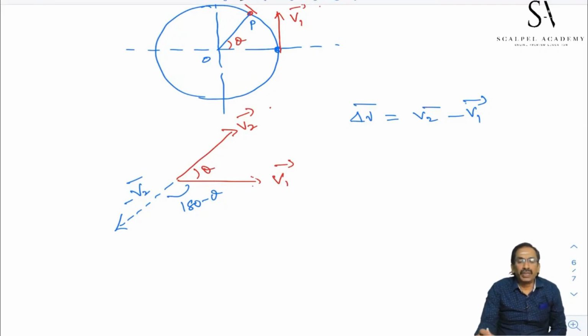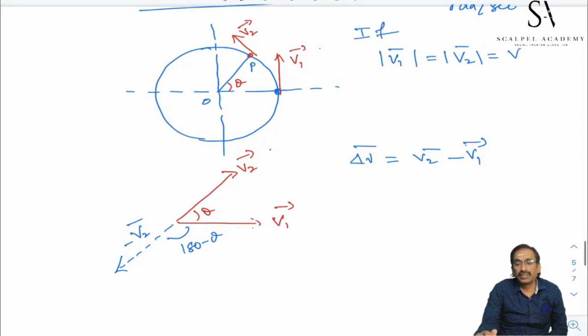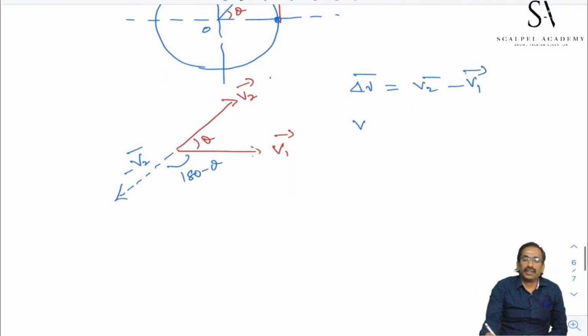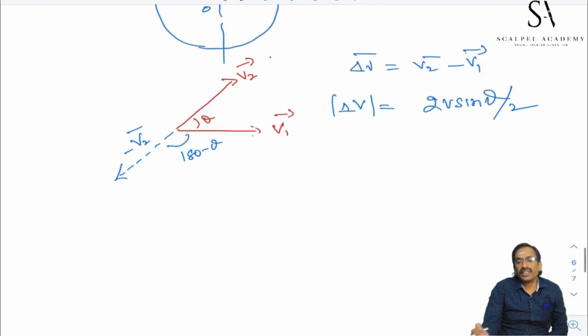Here the magnitude of v1 is equal to the magnitude of v2. It means it is moving with a constant speed. Then delta v is equal to 2v sine theta by 2. Change of velocity is equal to 2v sine theta by 2.